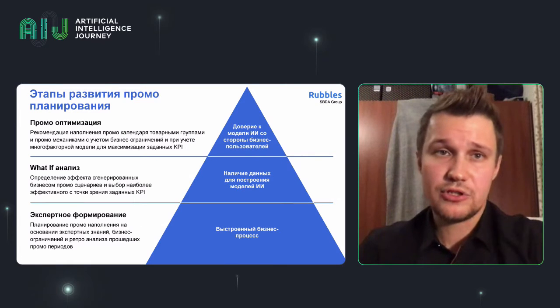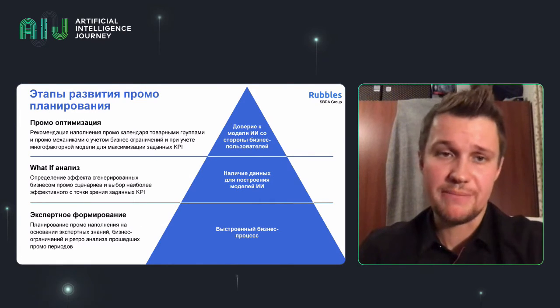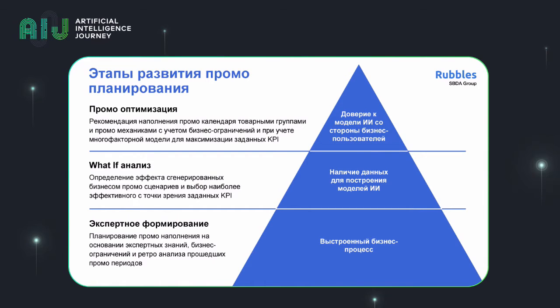Unfortunately, we cannot just simply start using AI and throw it at any problem we may have with promo campaigns. Over 80% of manufacturers in this industry rely on expert knowledge as they develop their promo calendars.